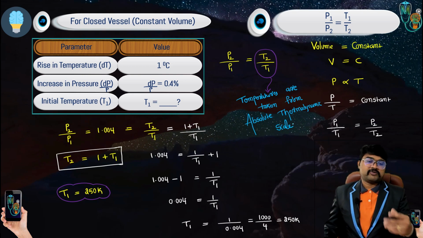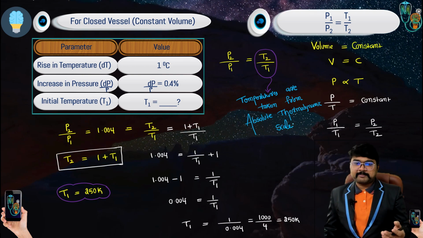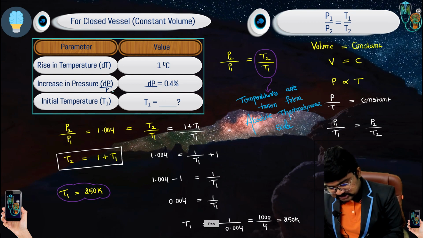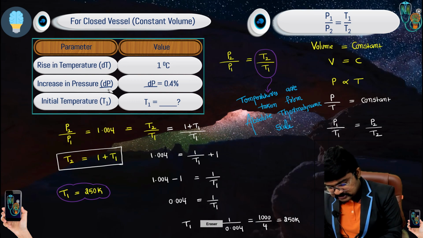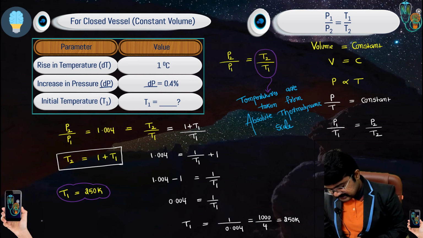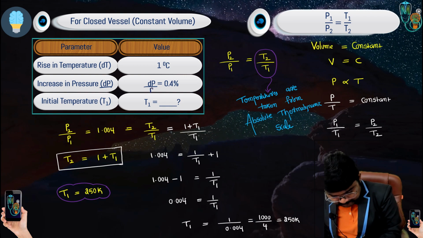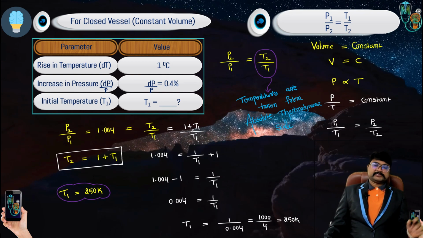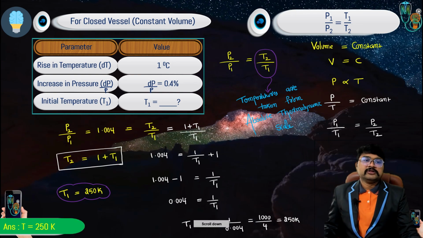So we have written the conditions and then we applied them. It is very simple to solve the problem. This is P actually, P only. Don't mistake it for rho. Understood?